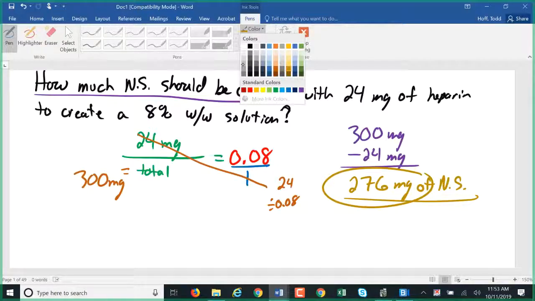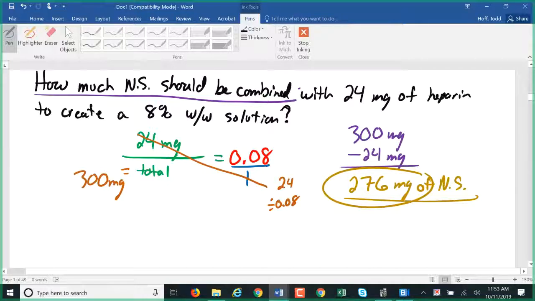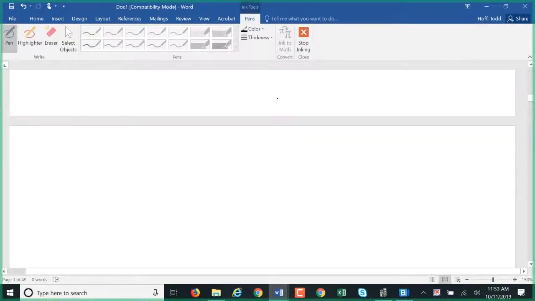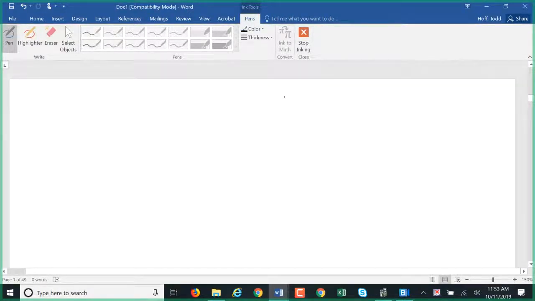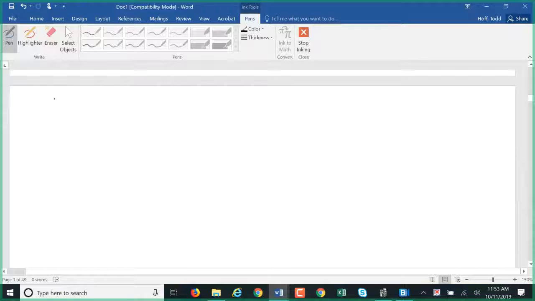There's a third type of concentration that we use. But before I talk about it, I want to review a little bit about our metric system from last year and the link between mass and volume and capacity.